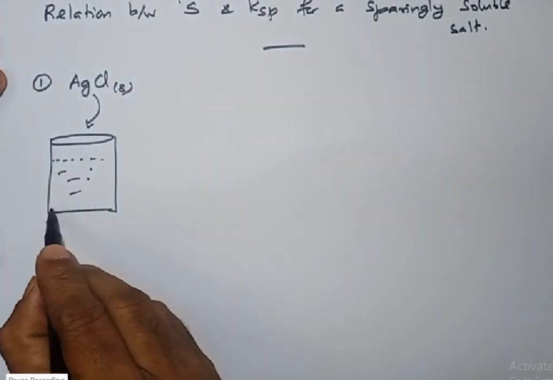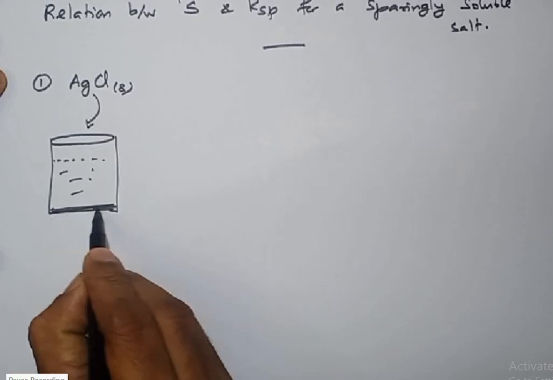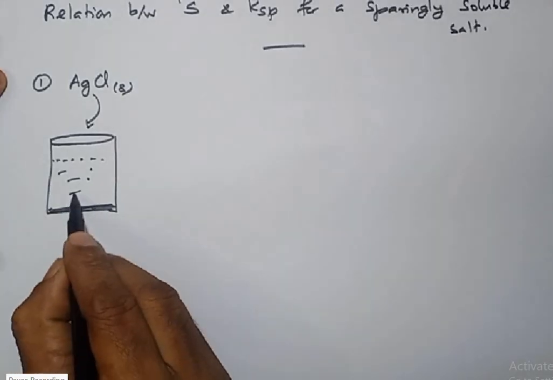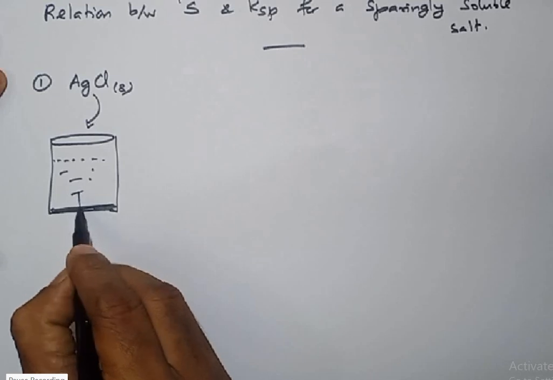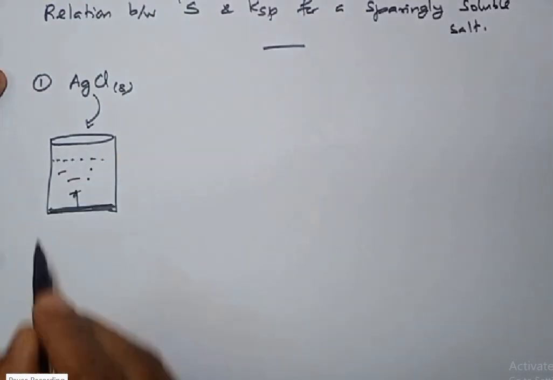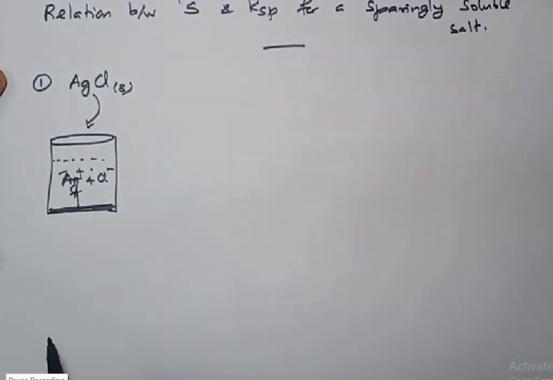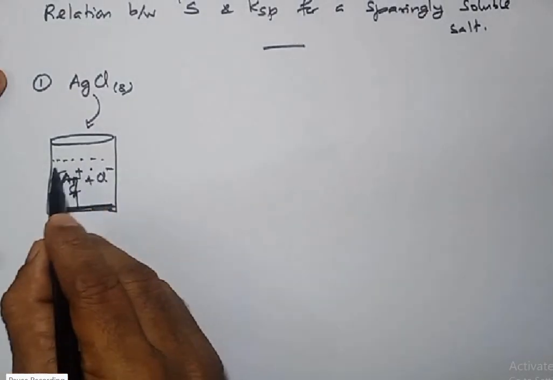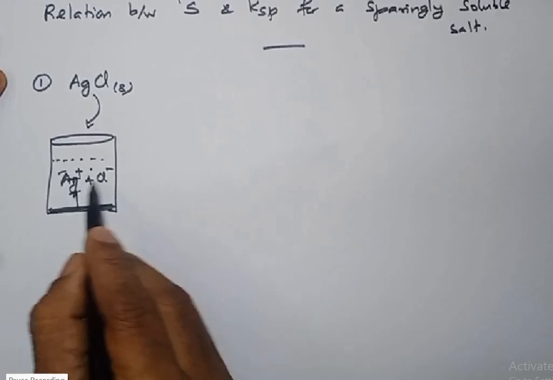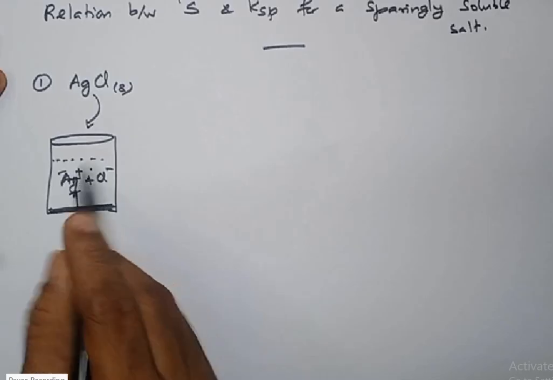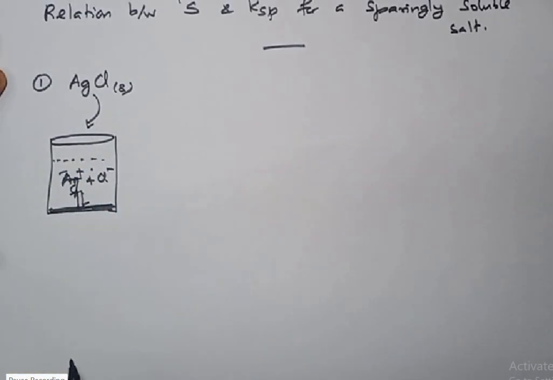Most of the silver chloride settles down and a few moles will dissociate and form silver ion and chloride ion. Let us assume that then these silver ion and chloride ion recombine and form silver chloride.